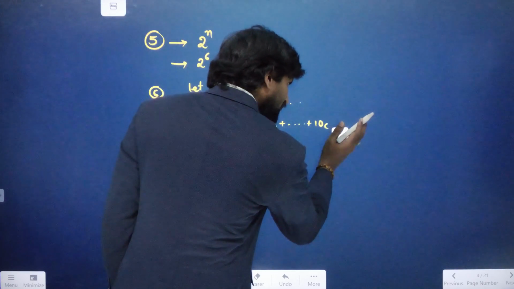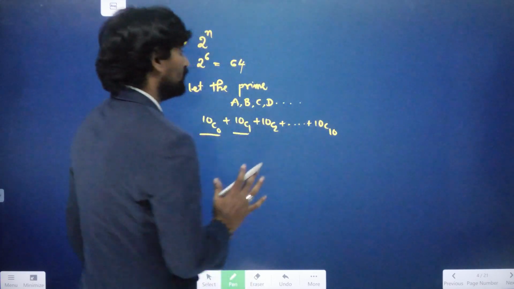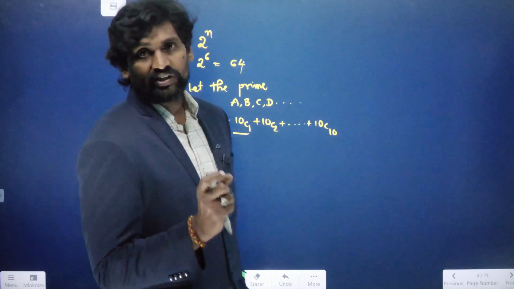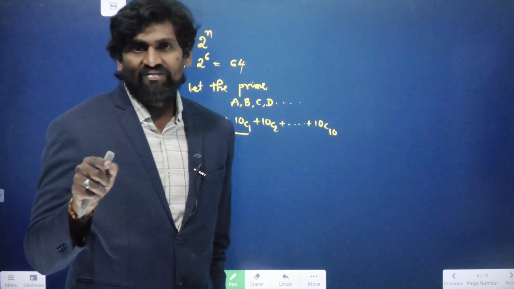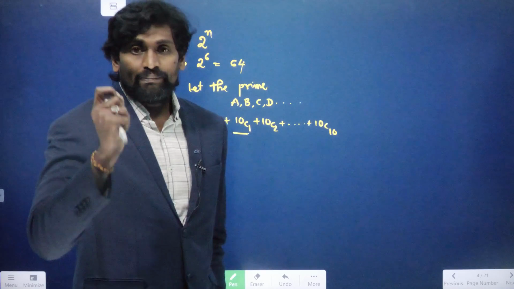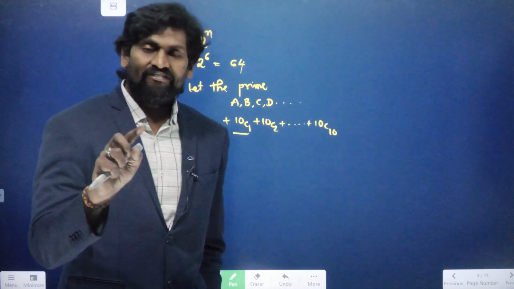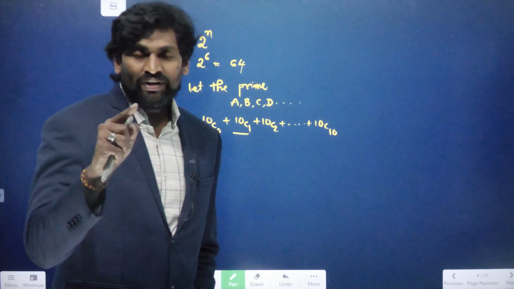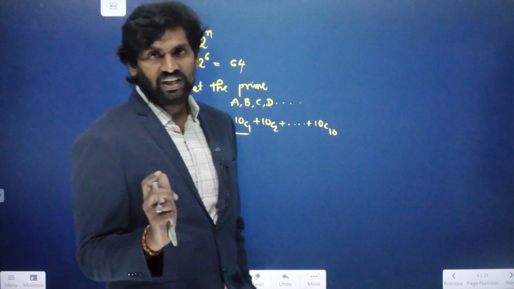So 10C0 and 10C1 are represented by the values 1 and 10. According to combinations, NC0 value and NCN value are equal, they are represented with the number 1. NC1 value is n, NC2 is nothing but n into n minus 1 by 2 into 1, we are going to write like this.